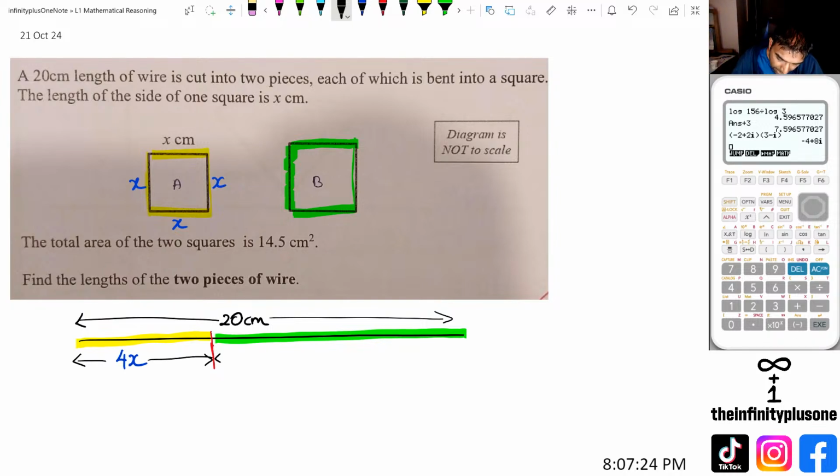So we now need a measurement for the green part. And if 20 is the whole length and we've taken away the yellow, the green part is going to be 20 minus 4x. So 20 minus 4x is the actual length of the green part.